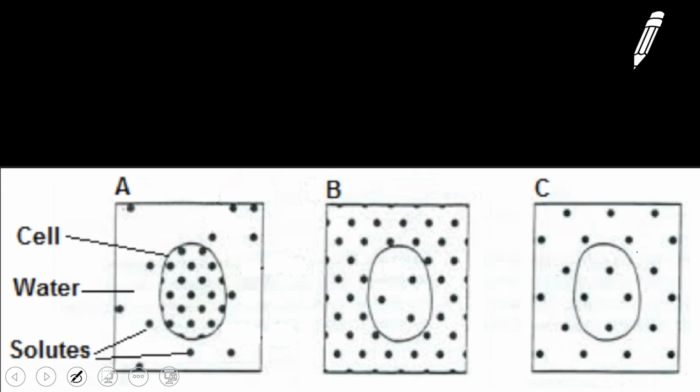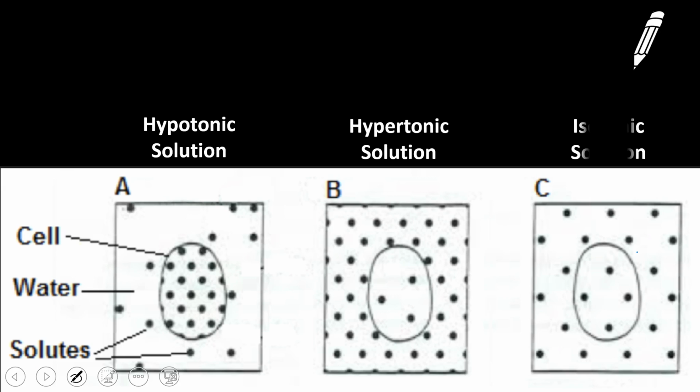Okay. Go ahead and give this a quick sketch in your notes, and I want you guys to identify this. Hypotonic solution, hypertonic, and isotonic. And remember, this word hypotonic is always referring to the solution around the cell. Hypertonic is referring to the solution around the cell. Okay? We're not talking about the solutes inside.